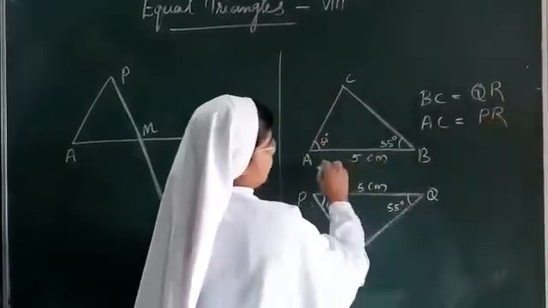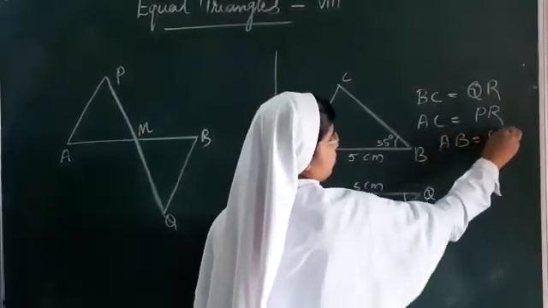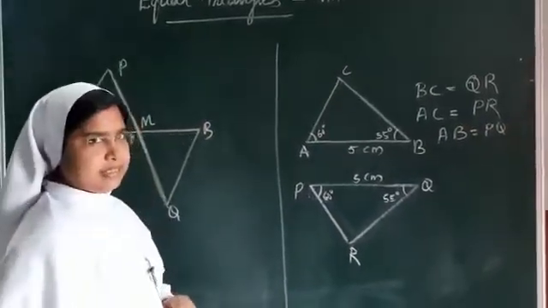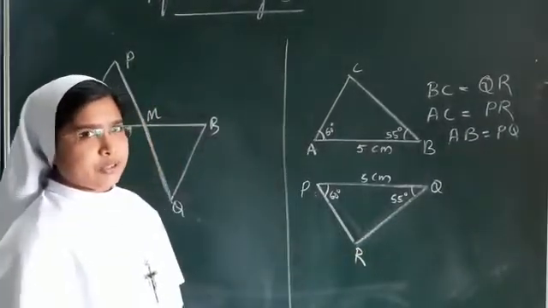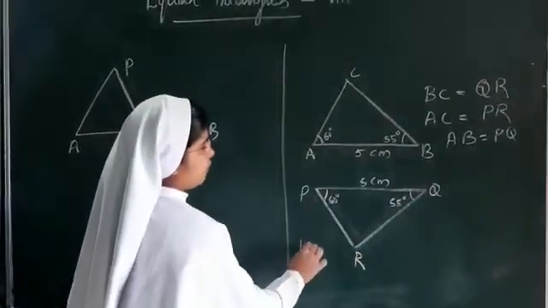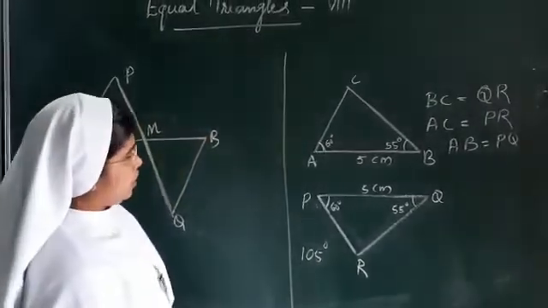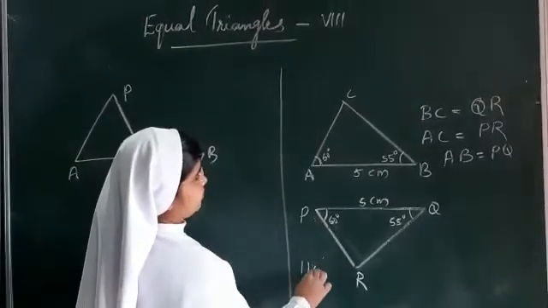And in the question it is already given, AB is equal to PQ. And the third angle will be found by adding 60 plus 55, which is equal to 105. Sorry, 115.